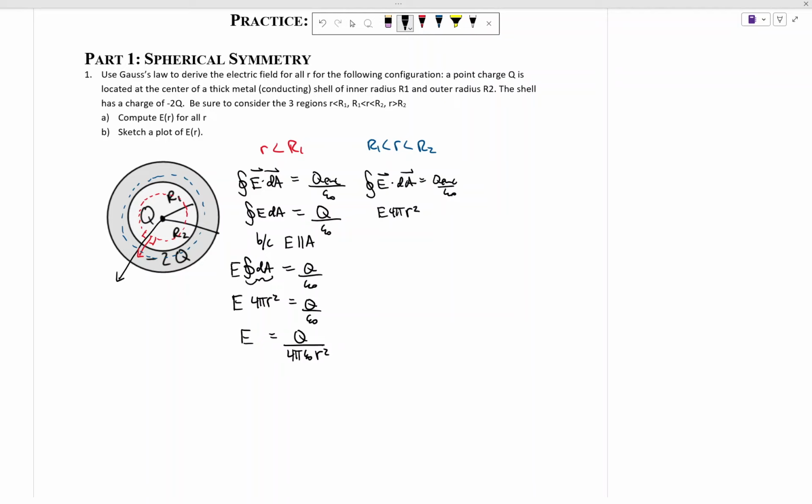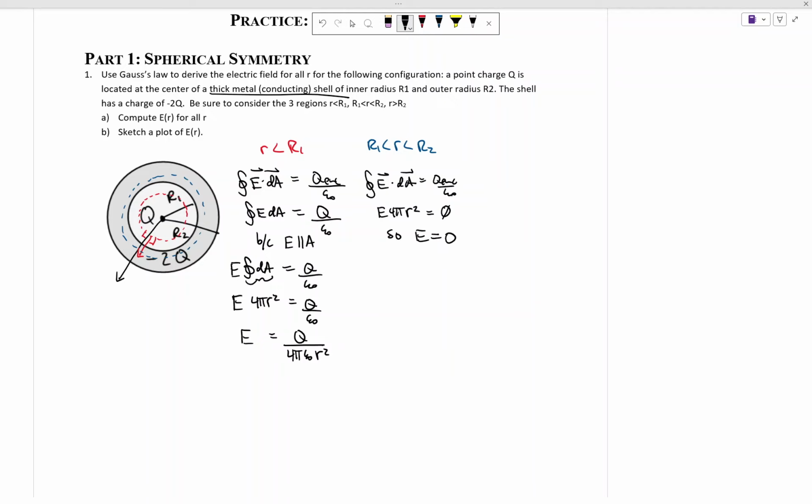But what's going to happen? This is a conducting shell, and we know that there isn't going to be an electric field in the conductor because there will be no net charge enclosed in our surface in this case. So think of this as being 0. So E must be 0.